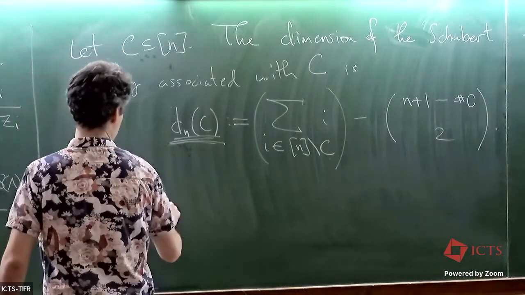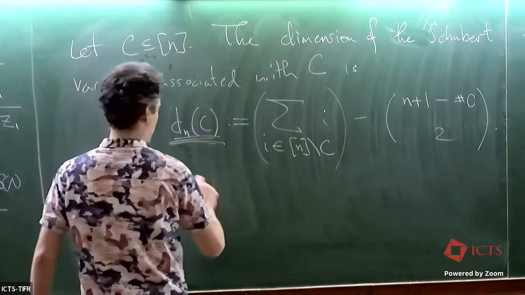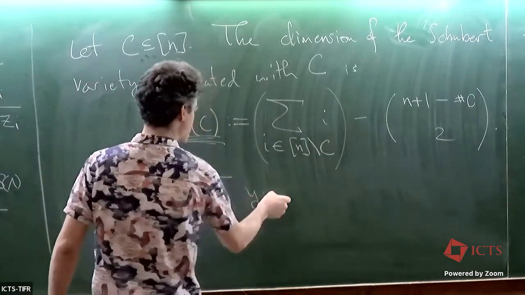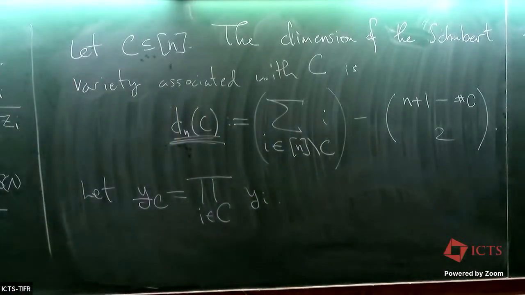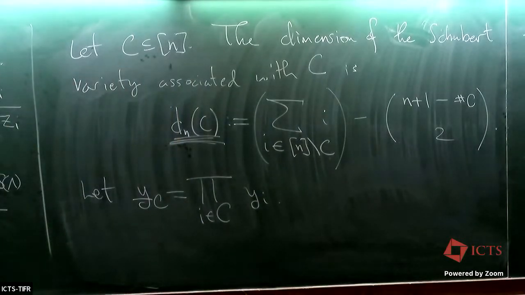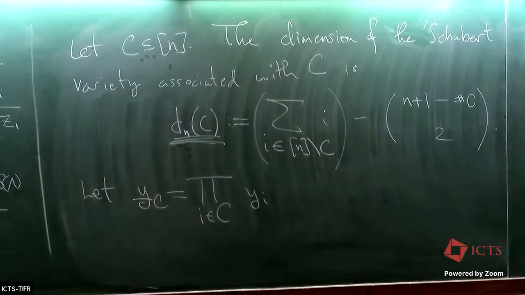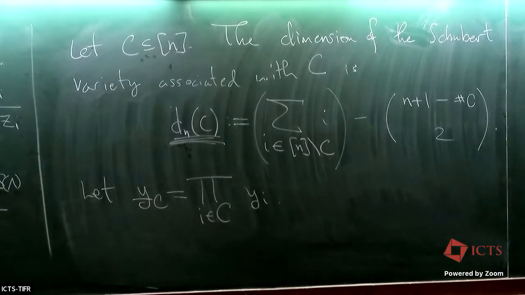let y_C be the product of all i in C of the little y_i's. Right, my little variables here. Okay, now I think I'm ready. The Schubert dimension will come in beyond just this theorem and beyond just HS.